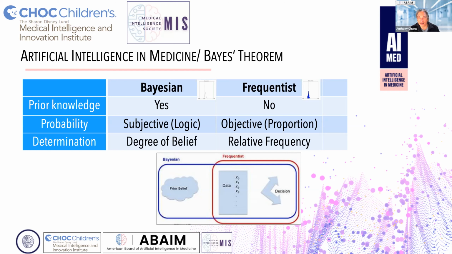The basic philosophical divide is based on this whole concept of prior belief, and then obviously you build models and then you use data to make a decision. But this prior belief created this huge schism between the two schools of thought.